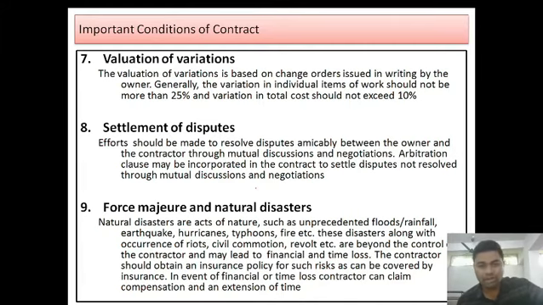Settlement of disputes. Efforts should be made to resolve disputes amicably between the owner and the contractor through mutual discussions and negotiations. An arbitration clause may be incorporated in the contract to settle disputes not resolved through mutual discussions and negotiation.